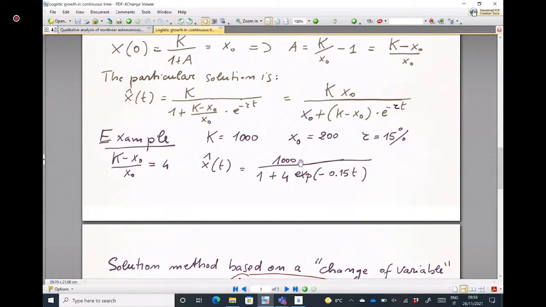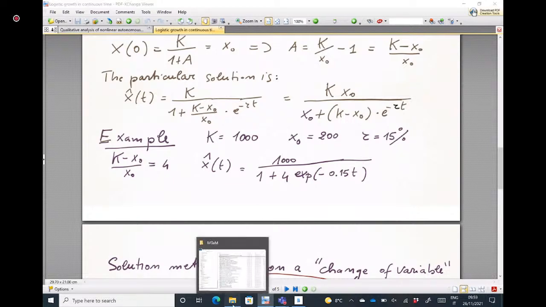What you get here is the carrying capacity in the numerator, and it is clear that as t increases, this part decreases, and at the end it would disappear, so eventually you will be very close to the carrying capacity. So this is a quite simple, intuitive expression.